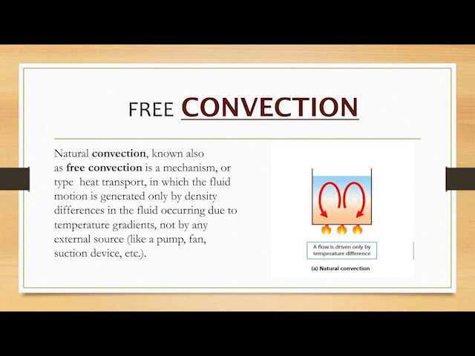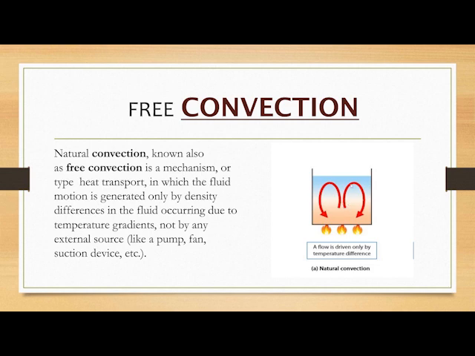So here you could see the fluid is present in the vessel, it's getting heated up. The molecules which are present at the boundary of the container get heated up. As their temperature increases, their density decreases. So a density difference gets created between the molecules of the fluid.